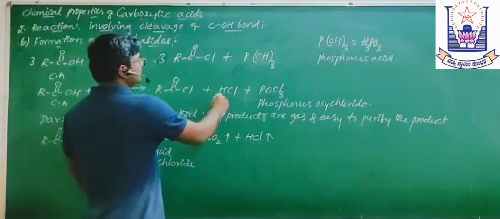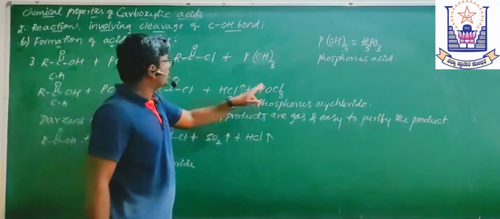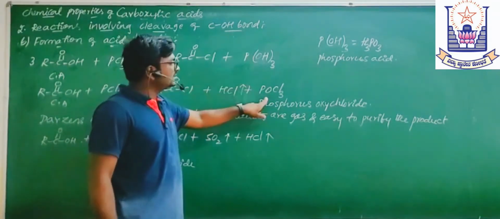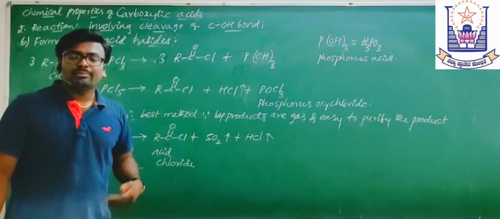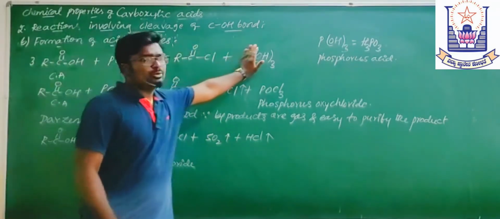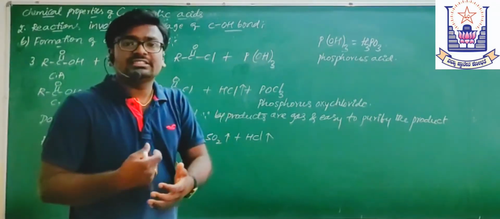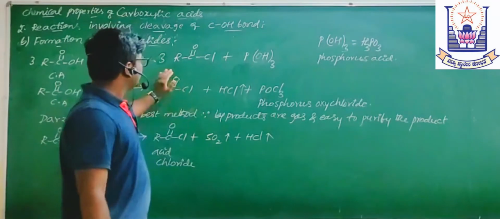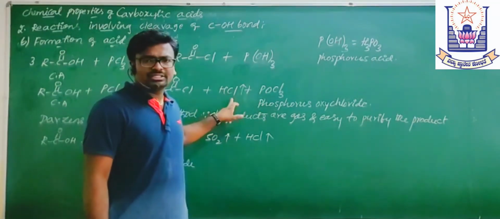In case of this, HCl is a gas, but phosphorus oxychloride is there, no? Here it is a liquid. It is a liquid, and here it is a gas. Here you need to purify a product after formation. If you want to purify this, you have to remove this. It is a liquid, so you have to go for a separate technique. Here, this will go off because it is a gas.